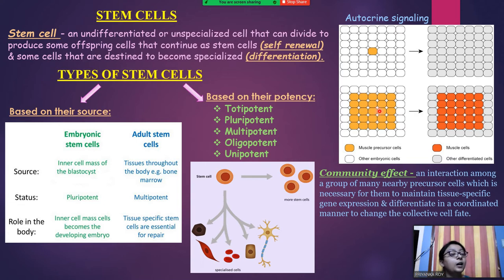So here the cells are producing the inductive signals and getting induced by it also. So they are responding to it as well, and therefore they are controlling their own differentiation and their own cell fate. So this is known as the community effect. It is the effect of the community because of which the cells are able to change their collective cell fate. This will not happen when it is present in a single number and not in a community.